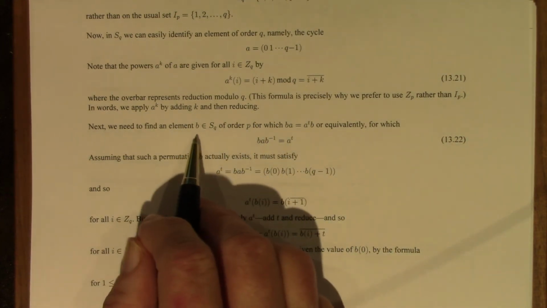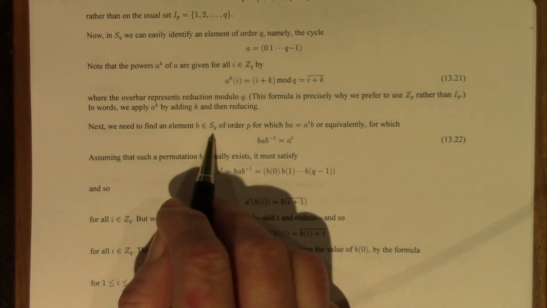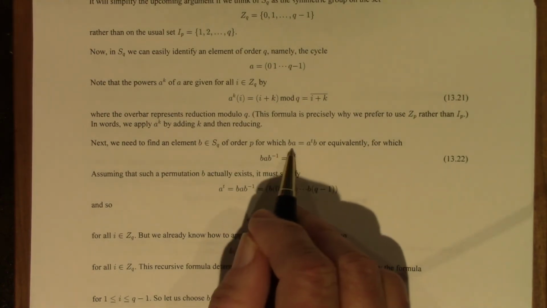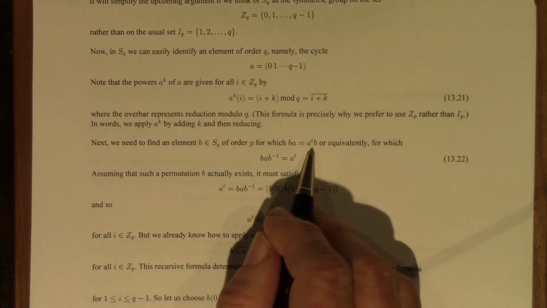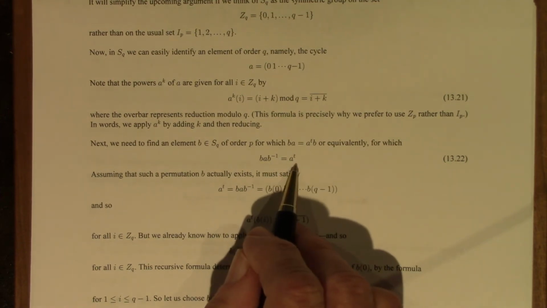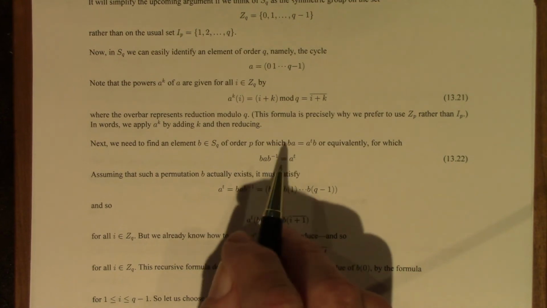Now we need to find an element B in S_Q of order P, and we need this relationship, this commutativity law, which again I write as a conjugation law.